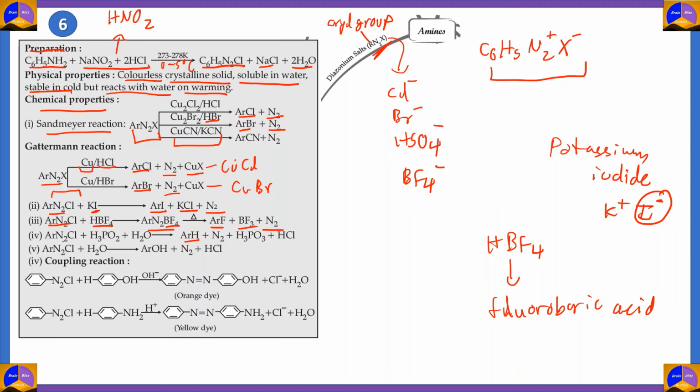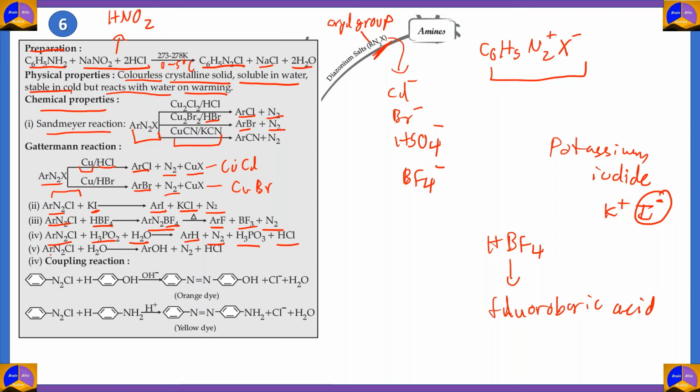The next is replacement by hydrogen. So we have diazonium salts reacting with hypophosphorous acid, that is H3PO2, and water to form aryl hydrides, nitrogen, phosphorous acid, and HCl.